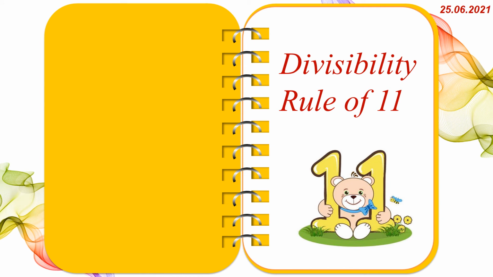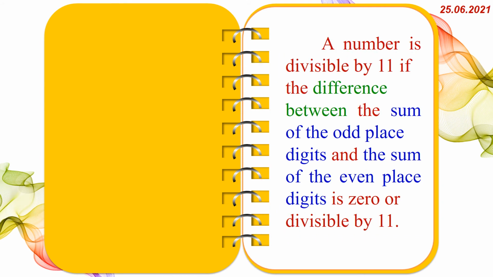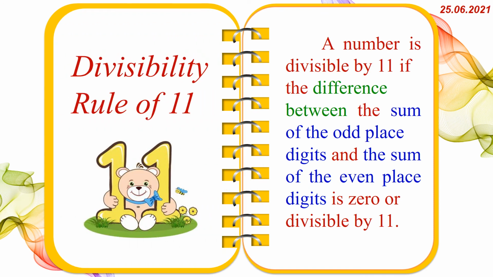Next, the divisibility rule of 11. A number is divisible by 11 if the difference between the sum of the odd place digits and the sum of the even place digits is 0 or divisible by 11.